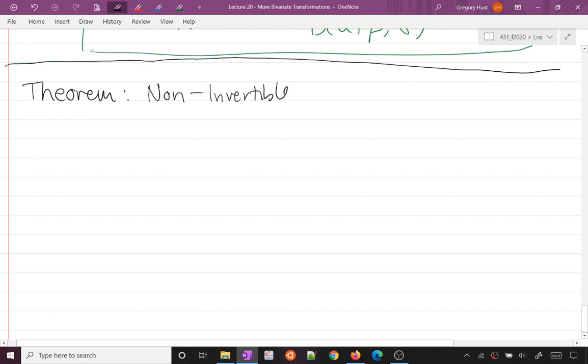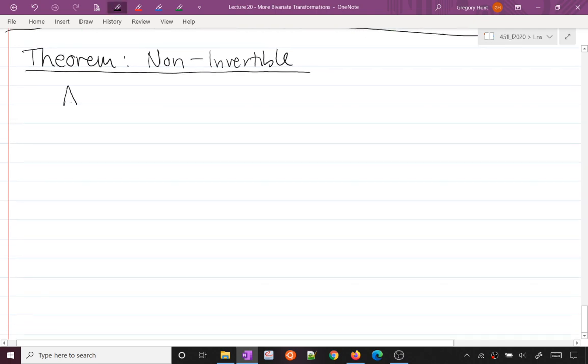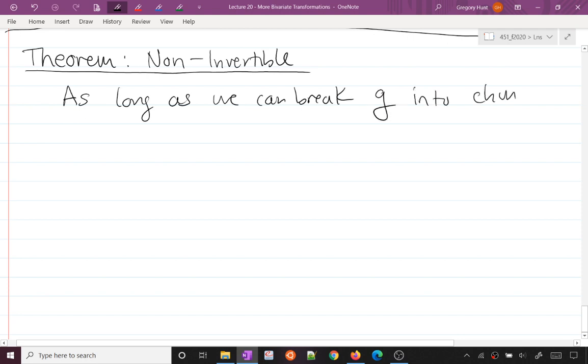So let's look at the non-invertible transformation case. I'll skip over some of the details, but as long as we can break our transformation function g into chunks that are invertible, we're okay.